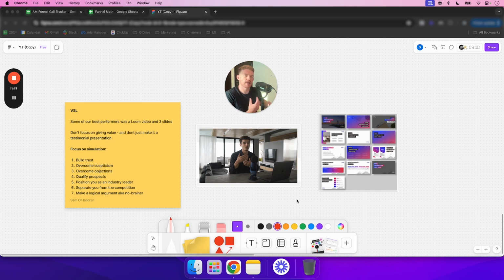And they create these really complex VSLs with hundreds of different slides. And it takes them not only months to create the damn thing, but then when they launch it, it doesn't work.